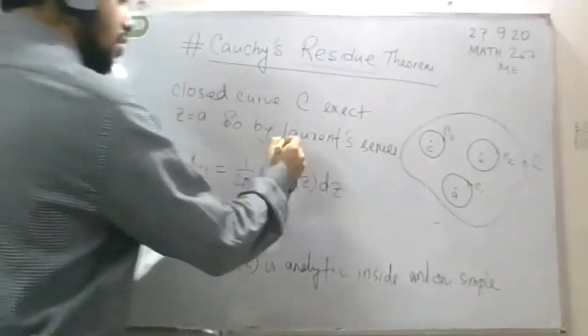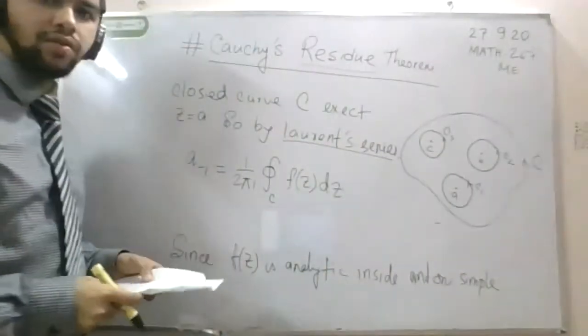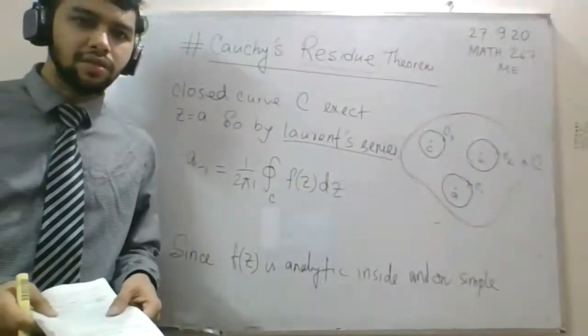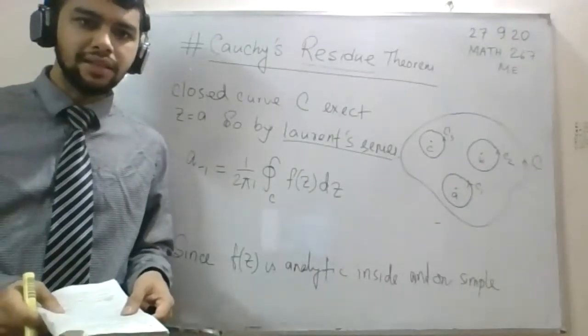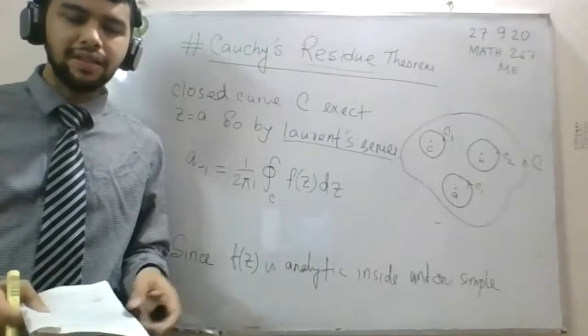We know the Laurent expansion, which is f(z) equals the summation of a subscript n (z minus z0) to the power n.